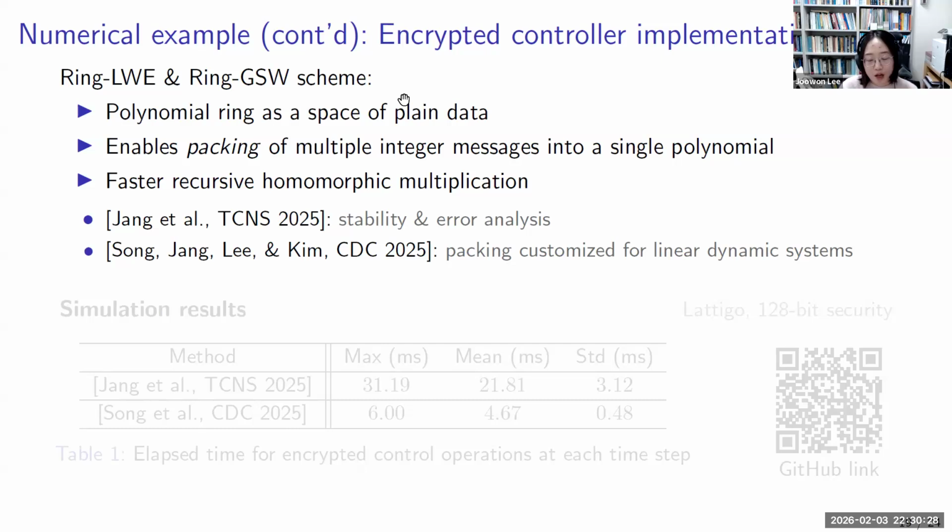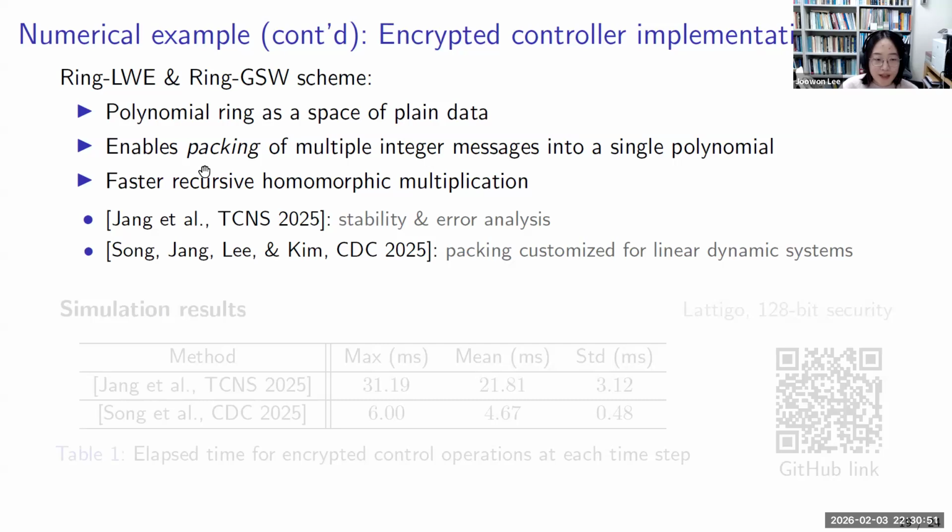This is just the name of a type of homomorphic encryption. These homomorphic encryption schemes use a polynomial ring, a set of polynomials, as a space of plain data. So the plain data is a polynomial, not a single integer.